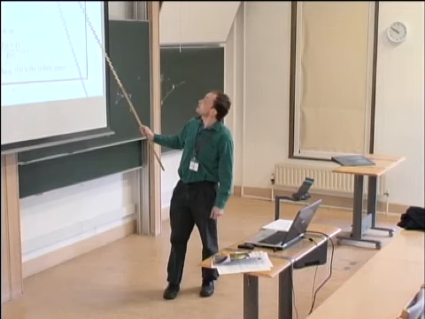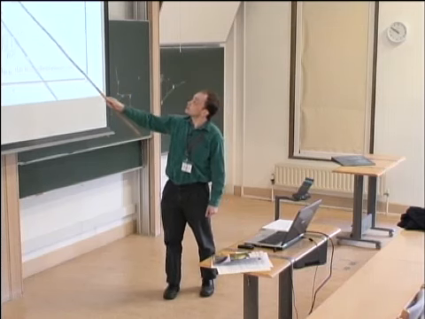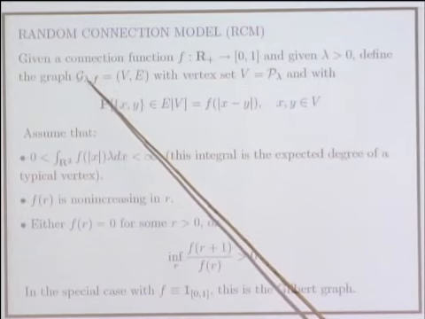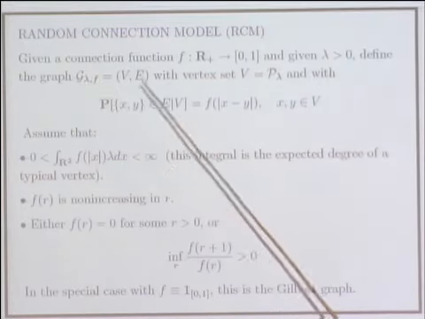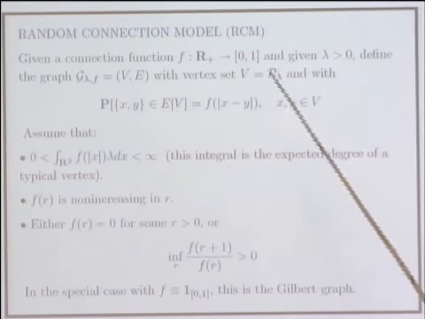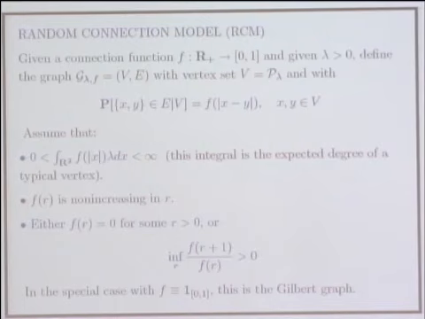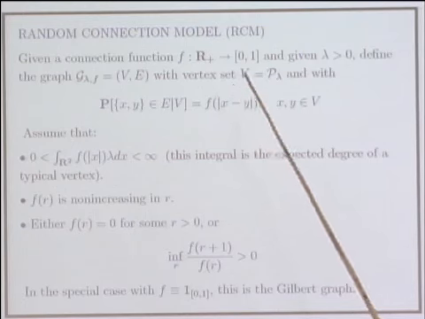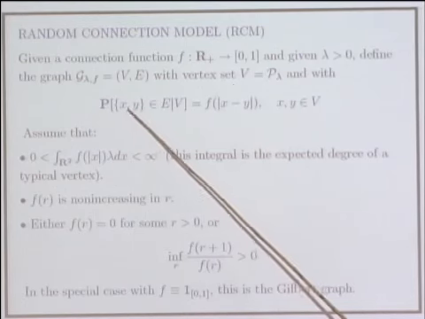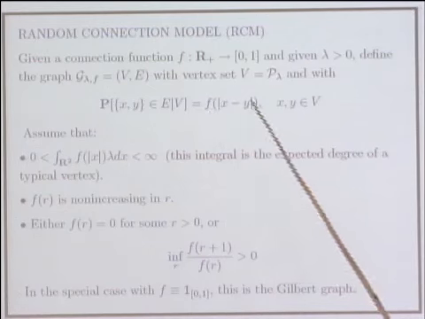Okay, so given lambda, we've now got a graph G_lambda,f. So the vertex set, which I'll call V, is the realization of our homogeneous Poisson process with intensity lambda, and now the probability we join two points is this function f of the distance between them.